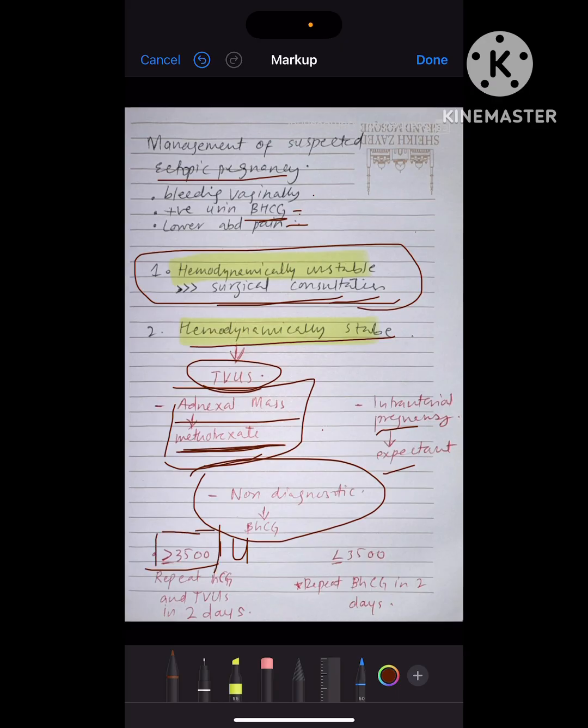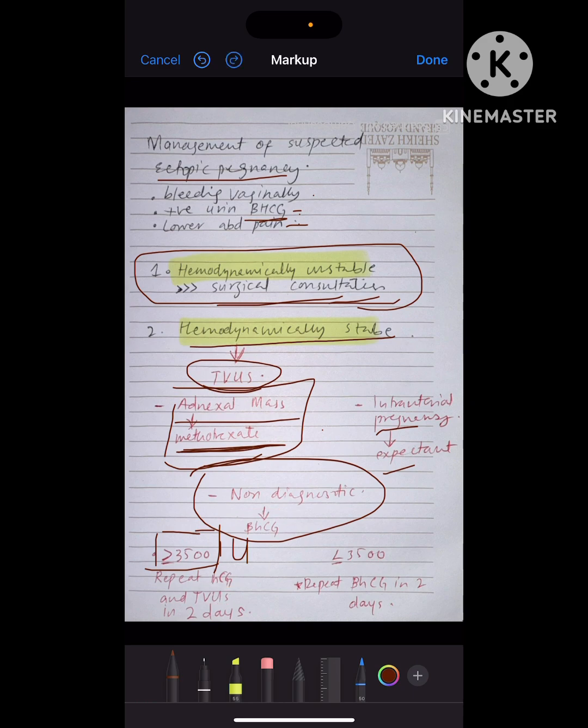Why 3500? Because this is the threshold where you can see the fetal pole. So if it's more than 3500 already and you cannot see the pole on transvaginal ultrasound, it's non-diagnostic, so you wait 2 days and you repeat the transvaginal ultrasound and the beta HCG.